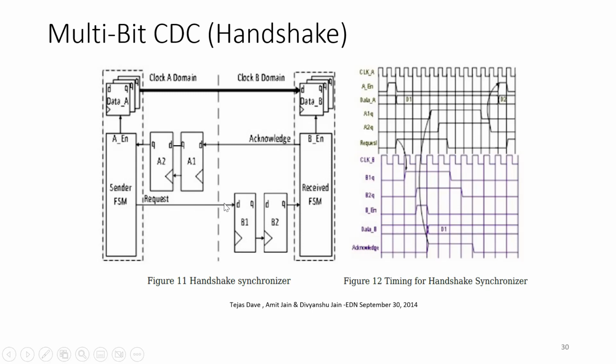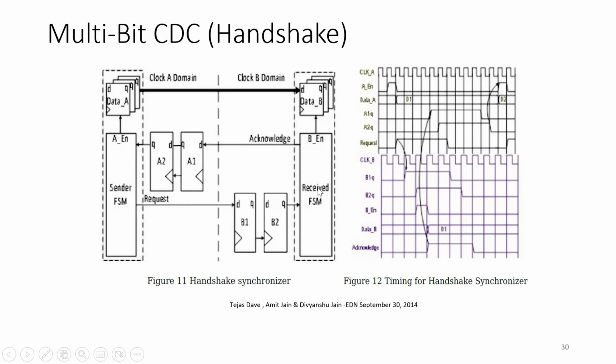I have data ready for you. Since the request is coming from clock A to a clock B system, I go through 2 cascaded D flip-flops to make sure it is stable.